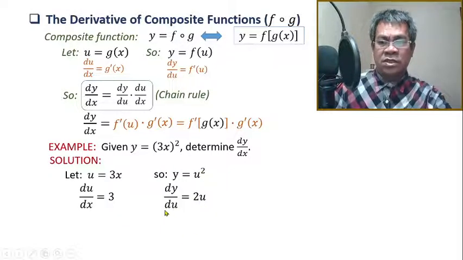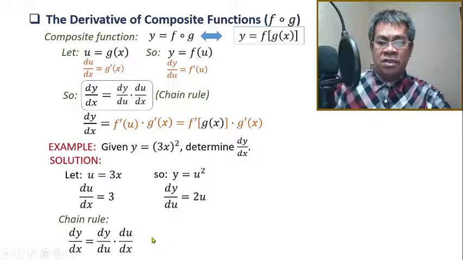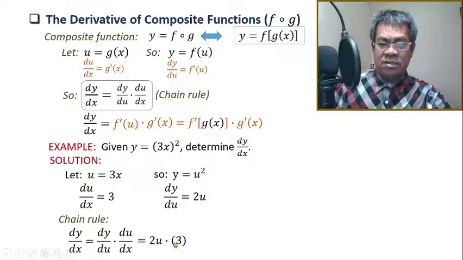Now next, use the chain rule. Take note that we have to multiply dy/du by du/dx. The dy/du is 2u, and we have du/dx as 3. So substitute the values, replace dy/du with 2u and du/dx with 3.